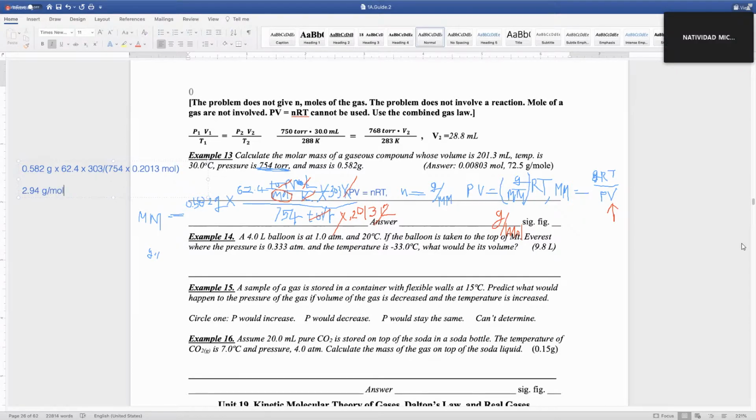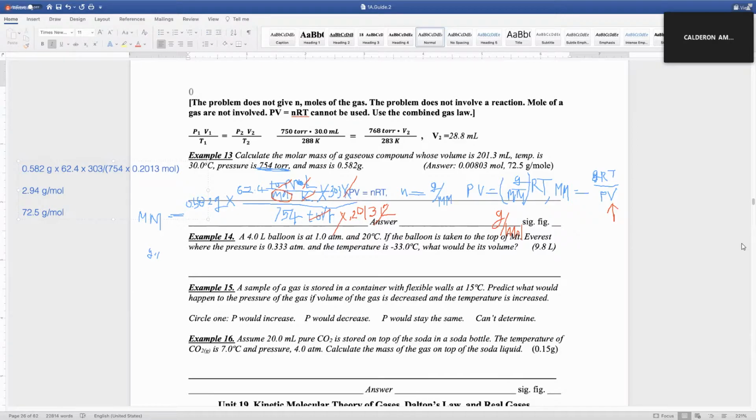I guess 72.5. How did you multiply it or divide? Because the way that he said it was you divide. So when you do all the timesing on the top, you divide by 754 and then you divide again by the moles.